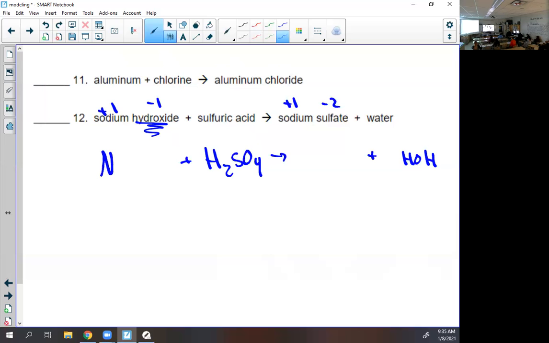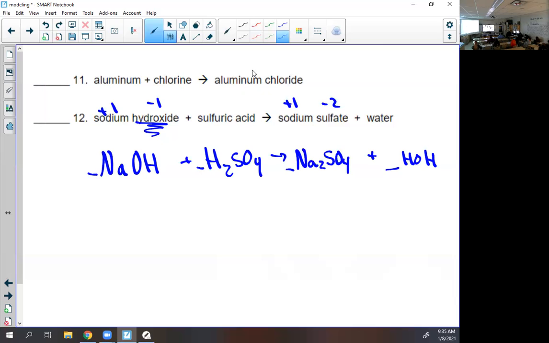Sodium is Na. Hydroxide is OH in a 1-to-1, so I don't need parentheses or anything of the sort. Over here on the right, sodium is Na. It's a +1. Sulfate is SO4, but I need 2 Nas to offset the charge. Then I'm ready to roll.